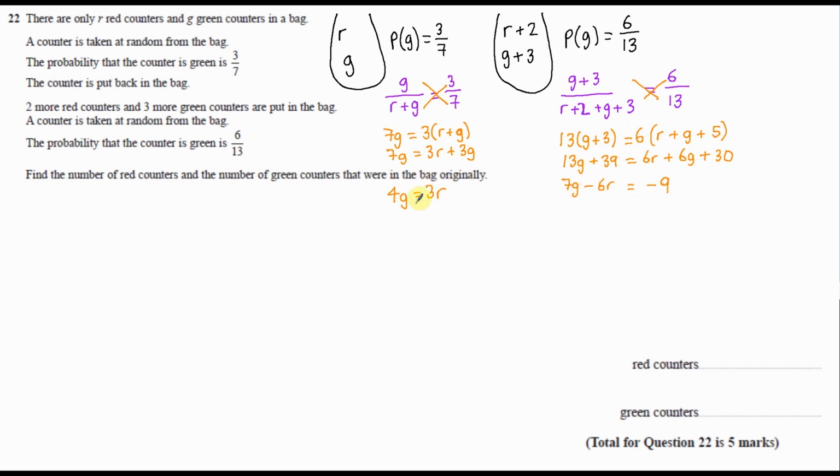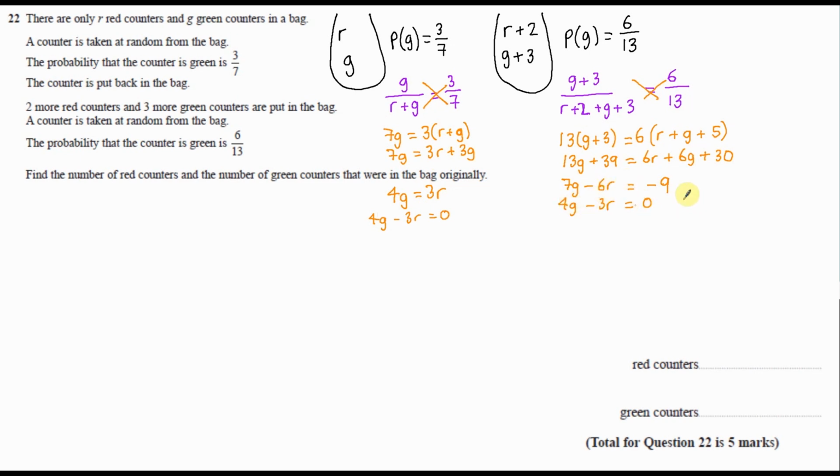Now we've got an equation here, an equation here. And what would be the simplest way is to put it in as we normally would with simultaneous equations, so 4G minus 3R equals 0 in that case. We need to make sure one of the coefficients matches, either make both of these into something that they both go into, in this case that would be 28, or we can make these both 6.